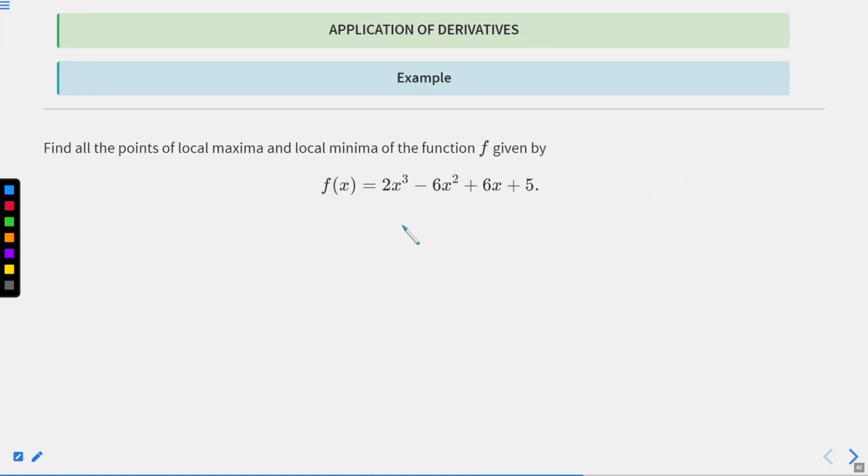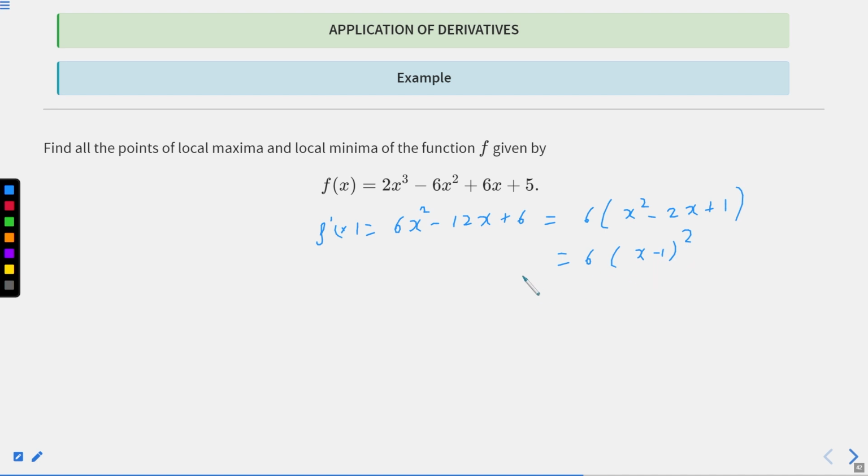Now in this, find first derivative. So first derivative will be 6x square minus 12x plus 6. This means take 6 common, you will have x square minus 2x plus 1. Now this will be your x minus 1 whole square, a square plus b square minus 2ab.